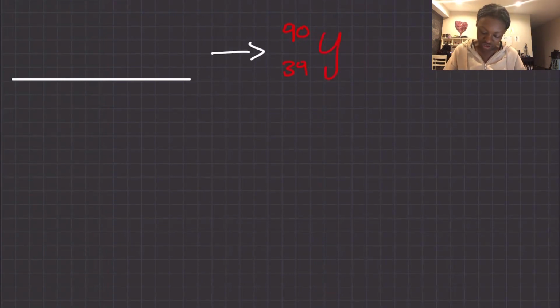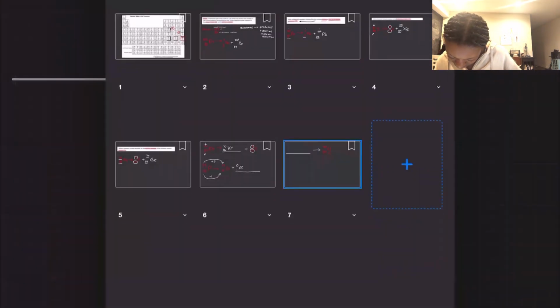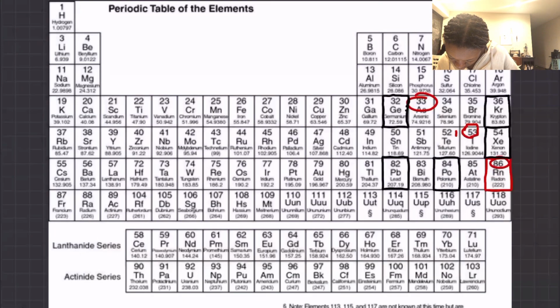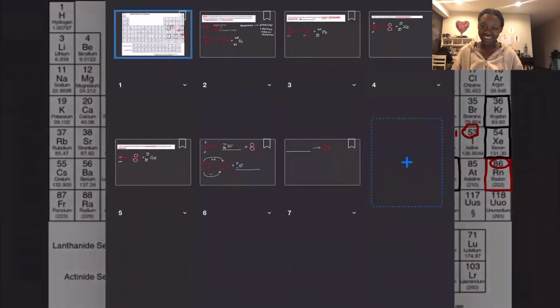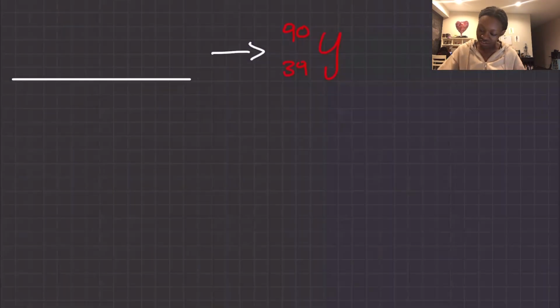Let me check. Sorry, 39. Yttrium. Okay, here it is. So it reacts to form yttrium-90 and what appears to be a beta particle, right?